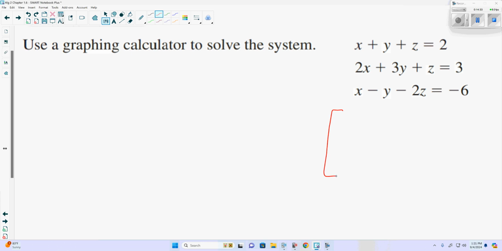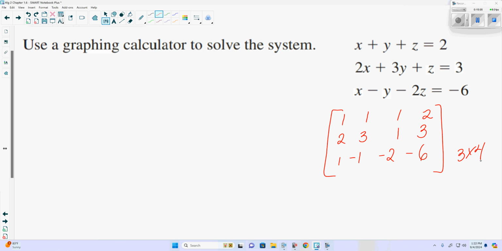So our first equation, x plus y plus z equals 2. In augmented matrix form, it would be 1, 1, 1, 2. The next one would be 2, 3, 1, 3. And the last one would be 1, 1, -2, 6. And the dimensions for this are 3 by 4.